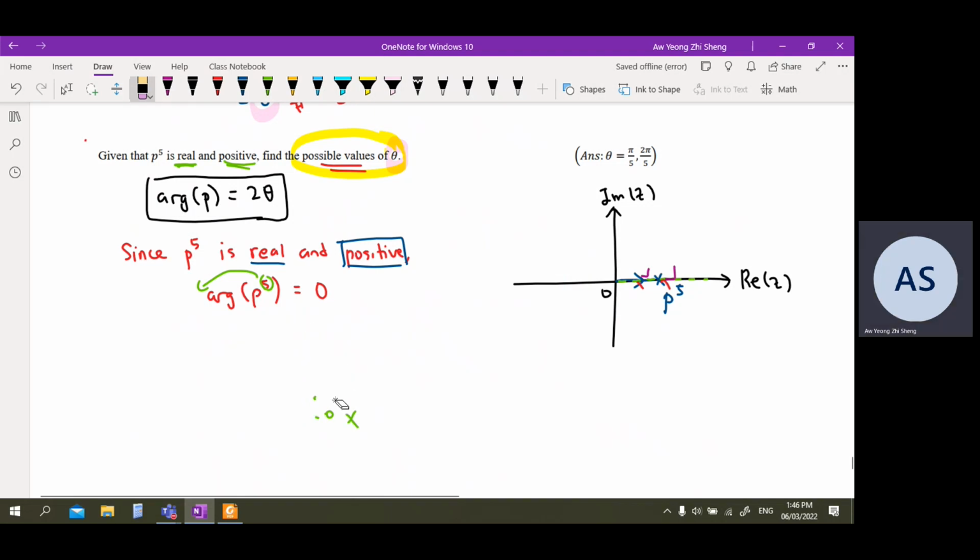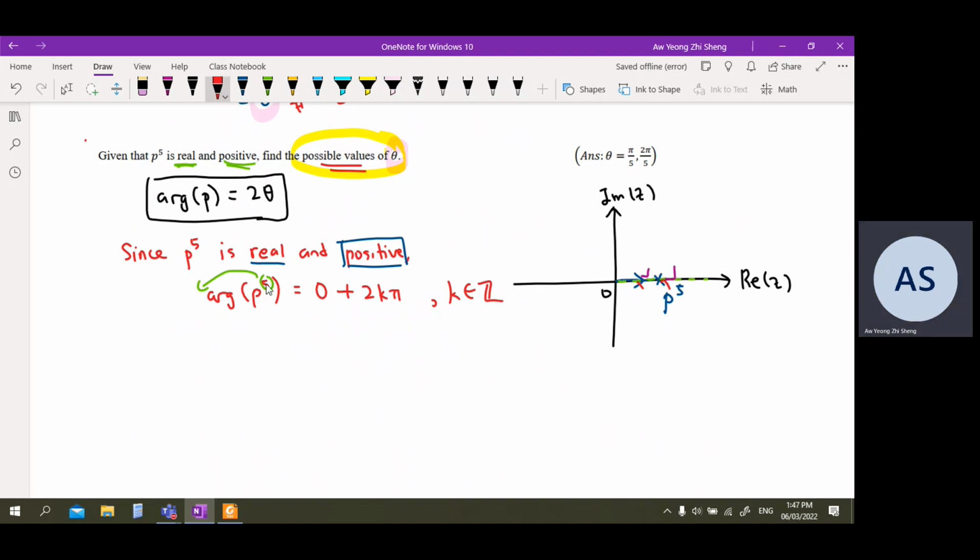Right, so now let me fix my answer here. Instead of writing argument of p power 5 equal to 0, I'm going to write it as 0 plus 2k pi, where k is an integer. And so this is the compact way to write the infinitely many correct arguments. And only later, I can generate all the possible values of theta.